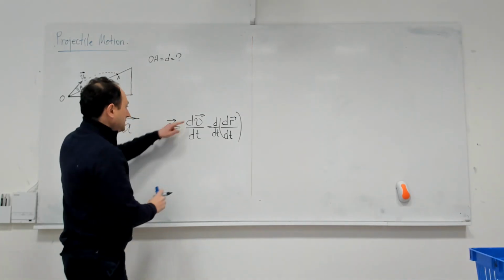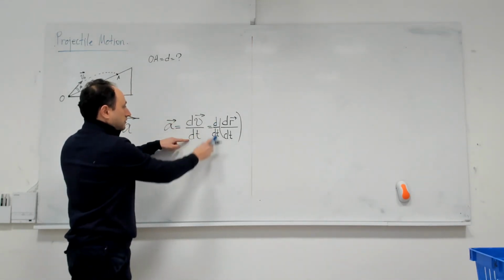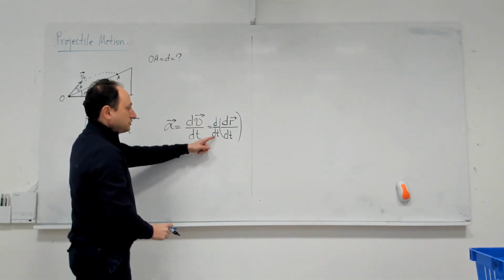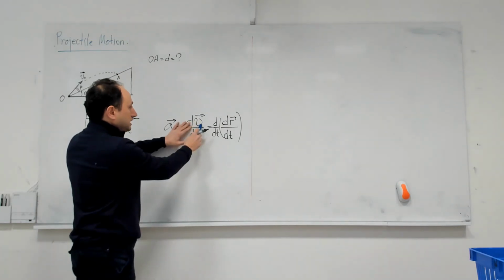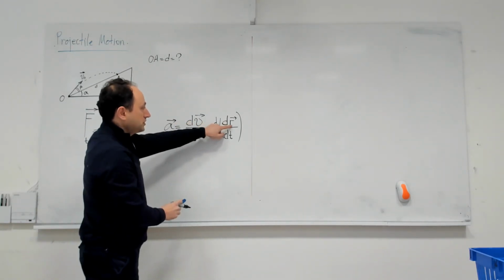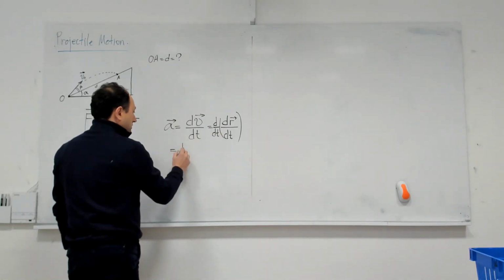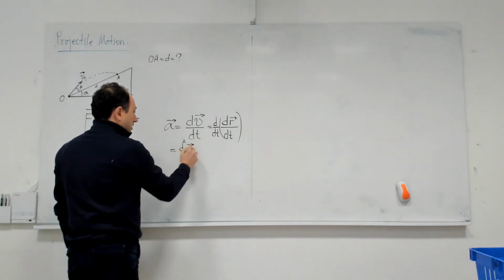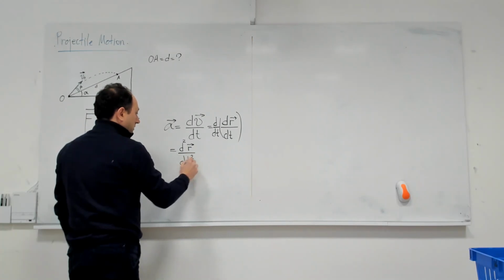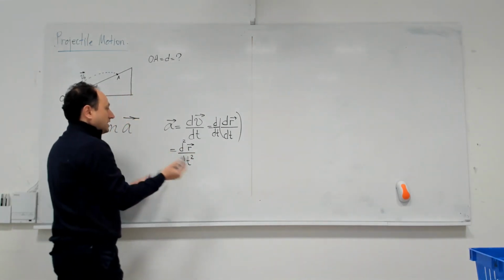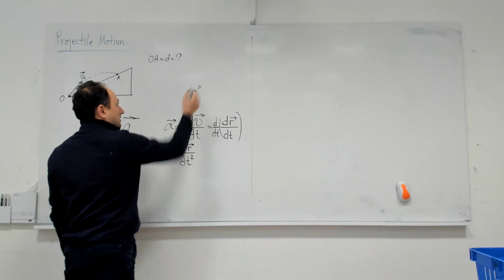So this d/dt is the one that I have written here. It means the derivative with respect to time, and v itself is the derivative of position with respect to time. So then this becomes the second derivative of position with respect to time. You can write it like that.